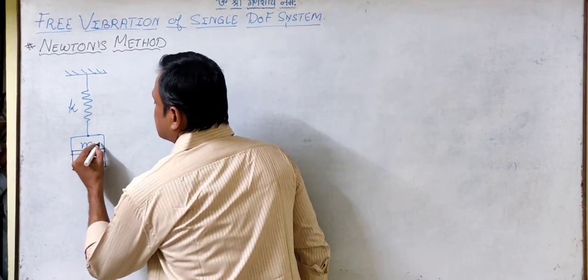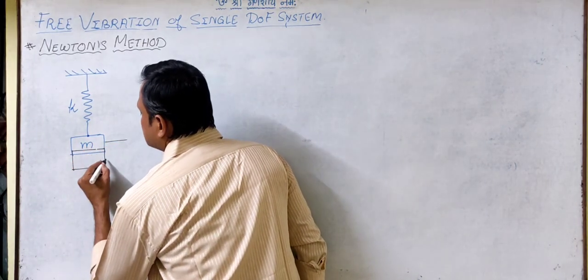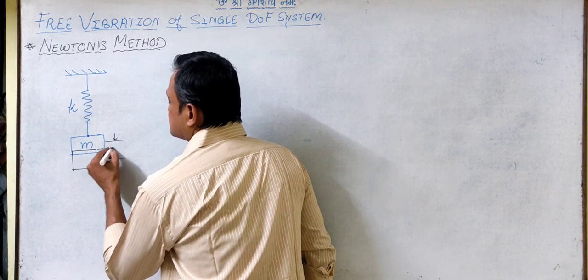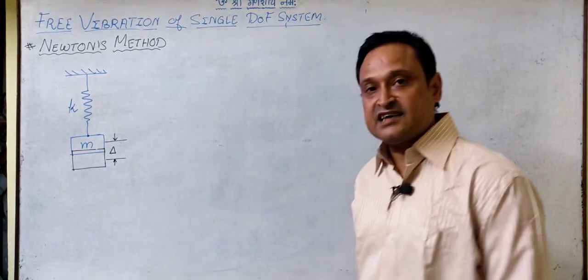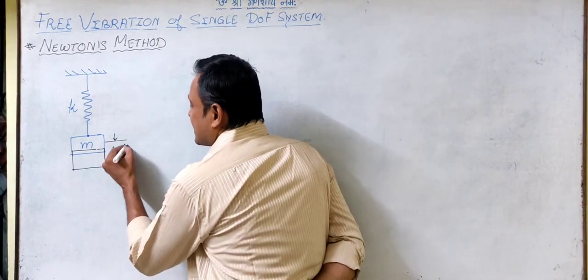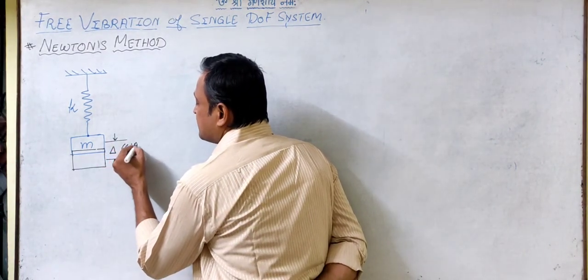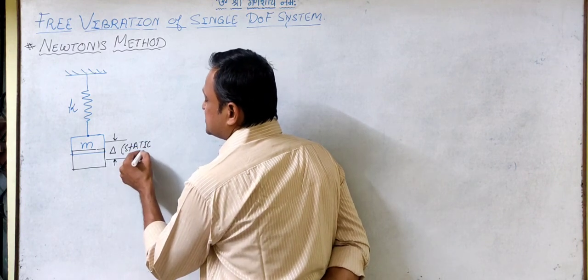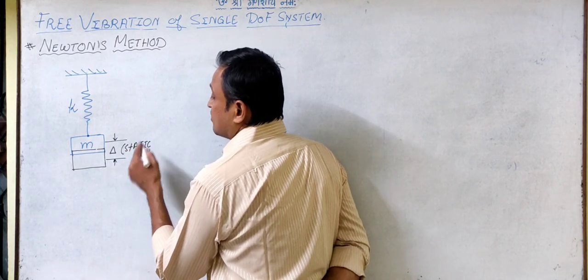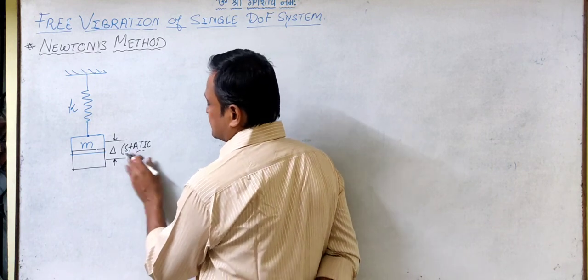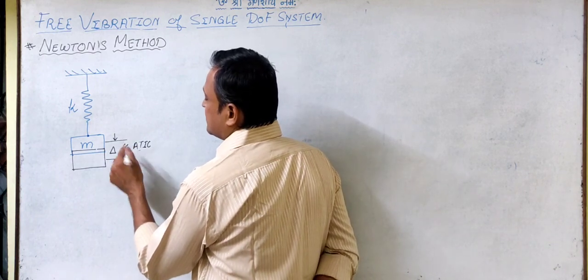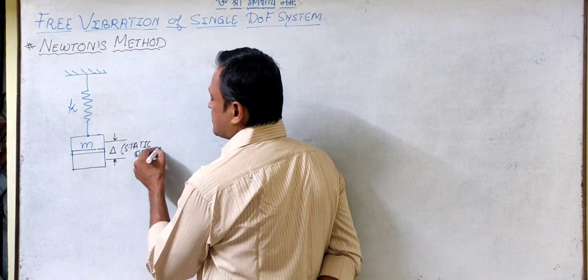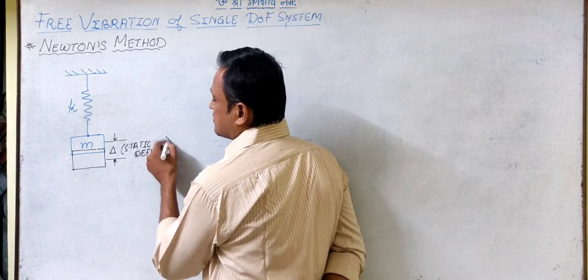That means the mass is getting displaced from here to here. I will name this delta, the static equilibrium position, or static deflection I can say. So this is the static deflection, right?